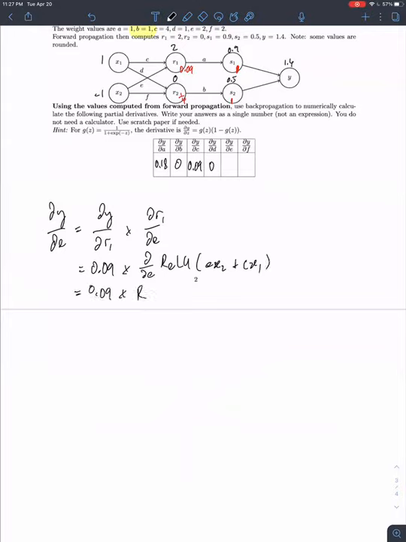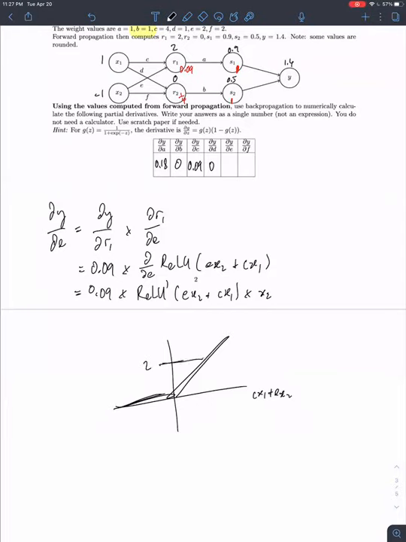And so that derivative is the derivative of ReLU at its input, ex2 plus cx1, times the derivative of the inside with respect to e, which is just x2. And if you remember the ReLU thing, cx1 plus ex2, it's r2, the value is 2, right? So here the derivative must be 1, right? So this ReLU prime is just 1. And the value of x2 is -1. That's that input. So this partial y, partial e is equal to minus 0.09.